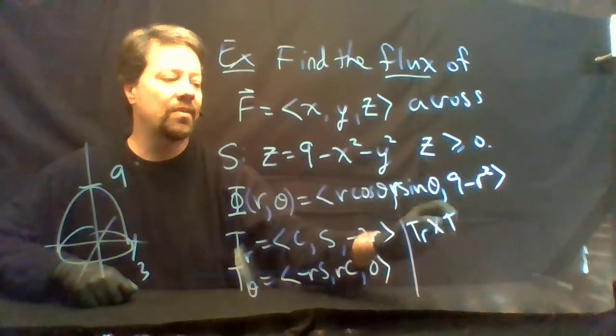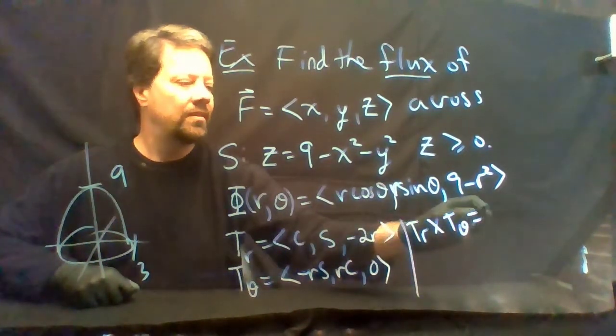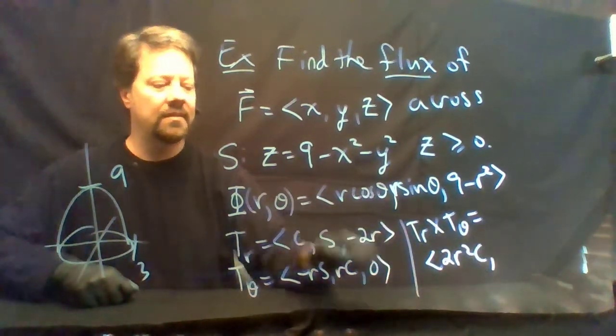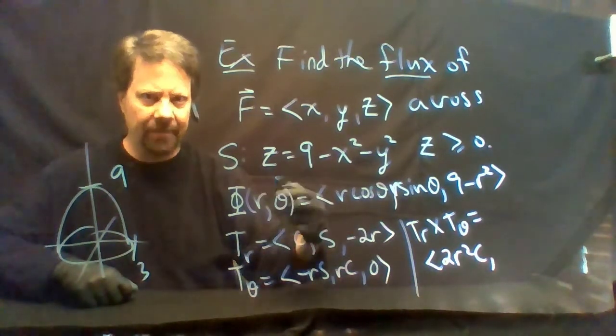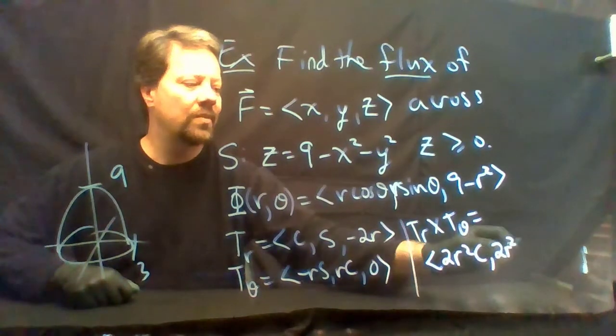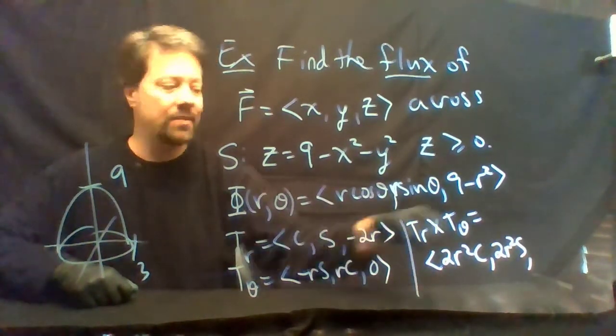So T_r cross T theta is going to be 2r squared cosine, minus the product of two negatives, and then flipping the sign gives us 4 negatives, 2r squared sine, and then r cosine squared plus r sine squared is just r.